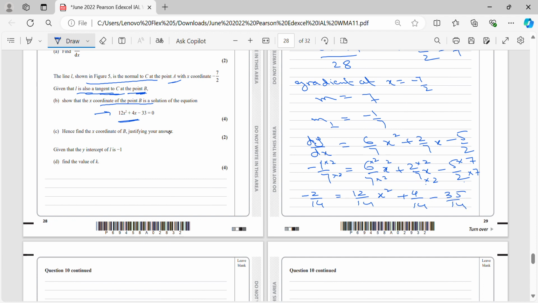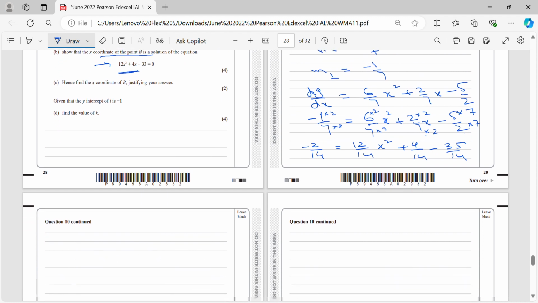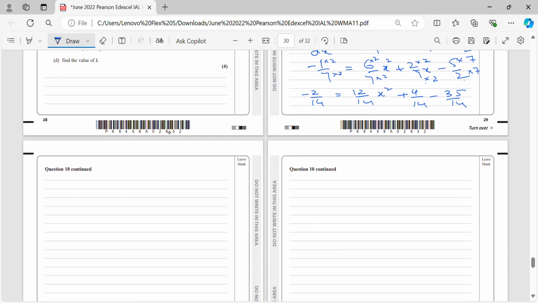Right? So the denominator is 14 on both sides, so I can get rid of the denominator. So I can write it as 12x squared plus 4x minus 35.